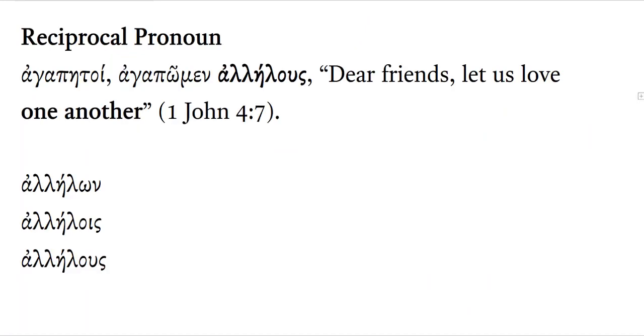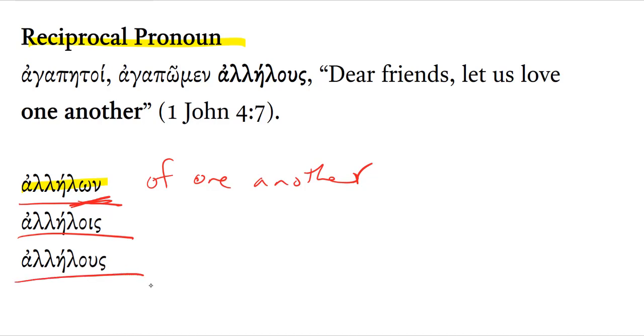Another vocabulary lesson, the reciprocal pronoun. Basically, this is a word that means of one another. You've already learned this in your vocabulary. The actual lexical form, the dictionary form, is the genitive form because this word never occurs as a subject. Of one another, to or for one another, one another. So here's an example of it.